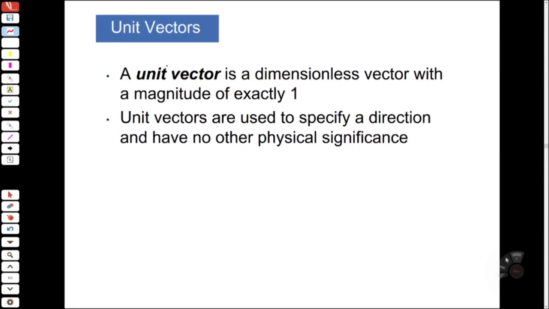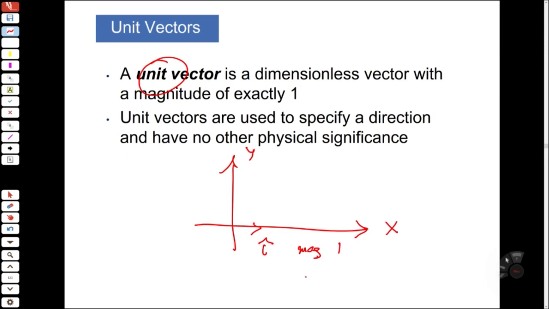Now it's very convenient to introduce a unit vector. So if you have a coordinate system, a unit vector I. The unit vector I has magnitude 1 and direction along the x direction.